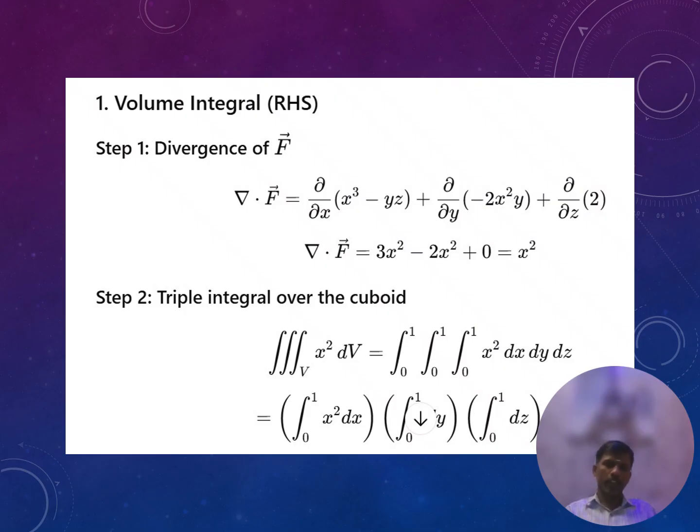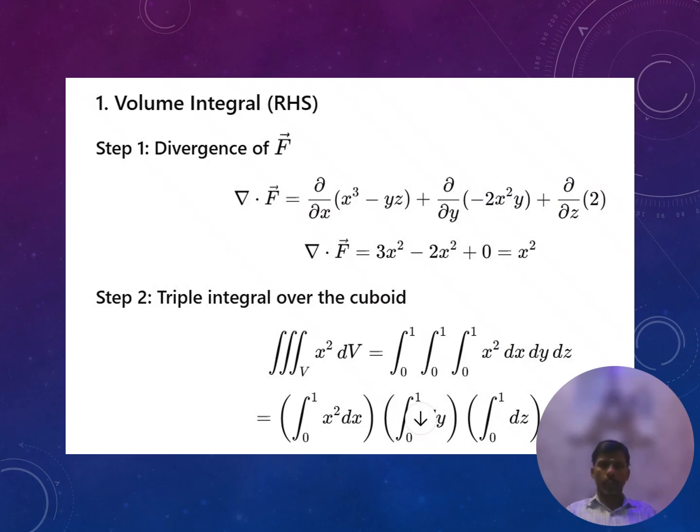Now we find del dot F: dou by dou x of x cube minus yz. We take the i component with i dot i, j dot j, k dot k all equal to 1, and other combinations 0. Hence, del dot F equals dou by dou x of x cube minus yz, plus dou by dou y of minus 2x square y, plus dou by dou z of 2.